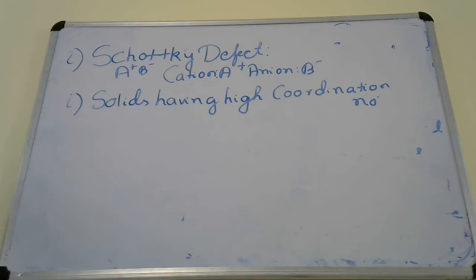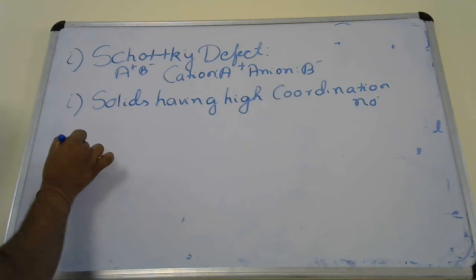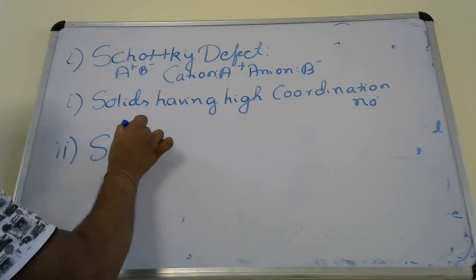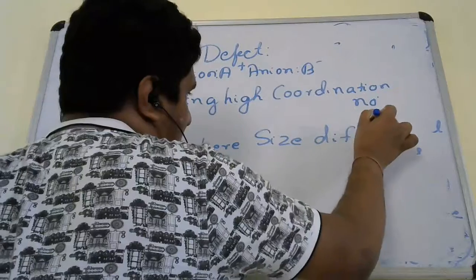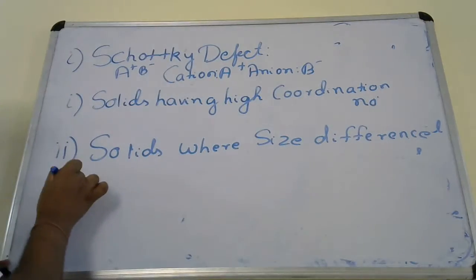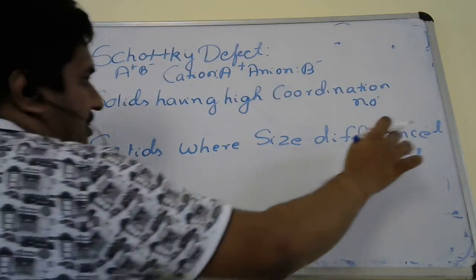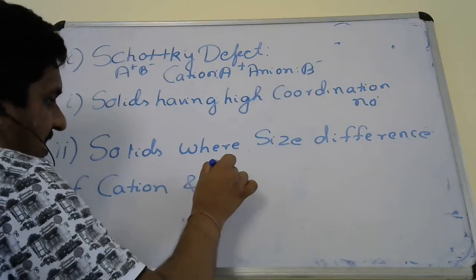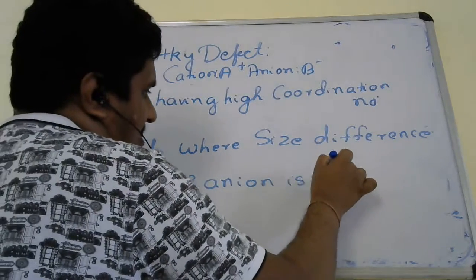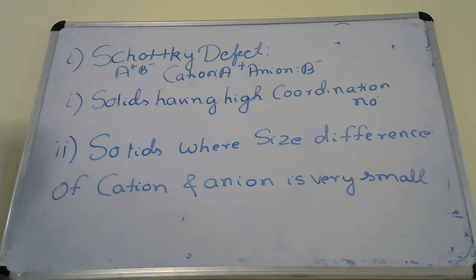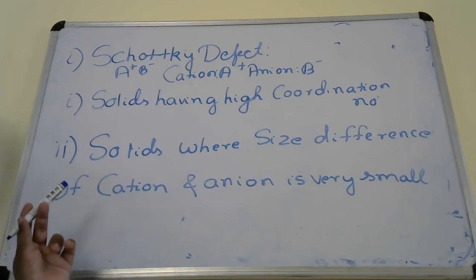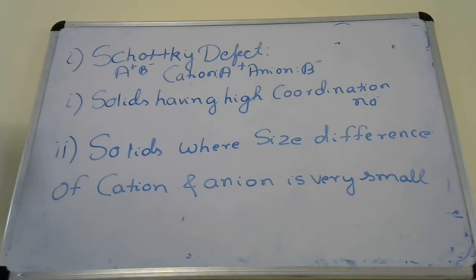Second, solids where the size difference of cation and anion is very small. So it is shown by two types of solids: first, solids having high coordination number, and second, solids where the size difference between cation and anion is very small.